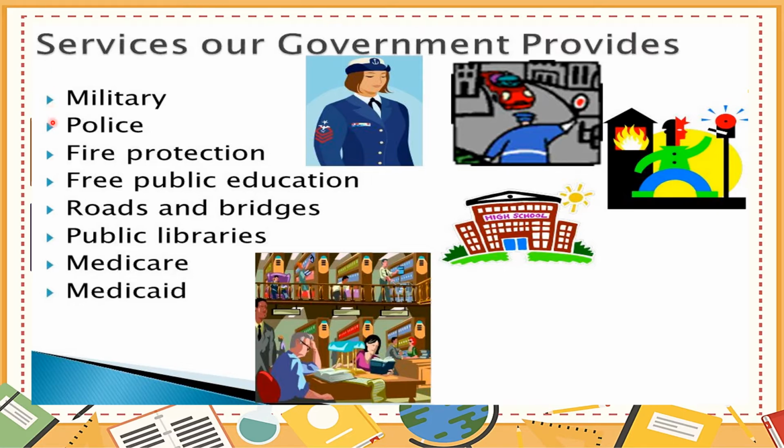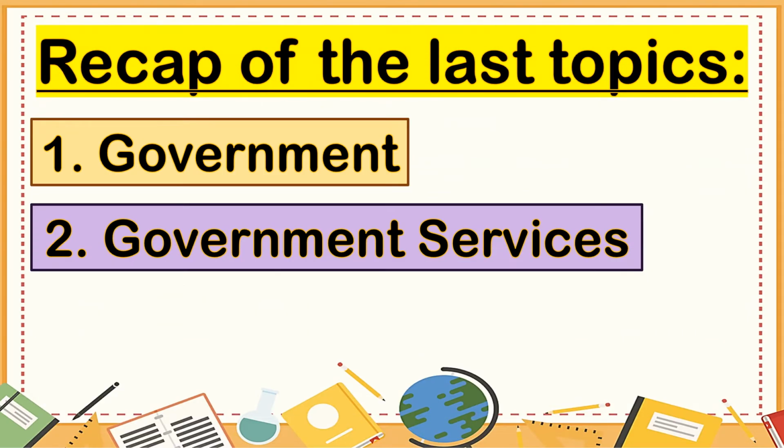Military for protection, police officers to maintain the peace and unity of the country, fire protection in case we have fire, free public education like the temple schools, especially for the less fortunate ones, roads and bridges that connect different provinces and places, public libraries where everyone can read books, Medicare and Medicaid, where you can go to hospitals and pay cheaper than the usual. So again, class, two topics that we have discussed last Friday: government and government services.